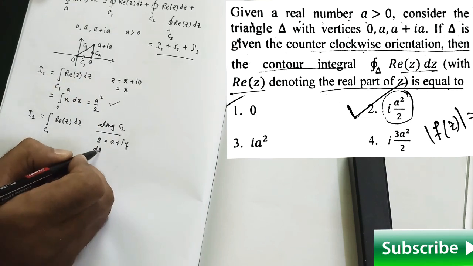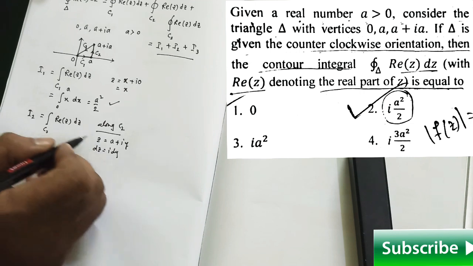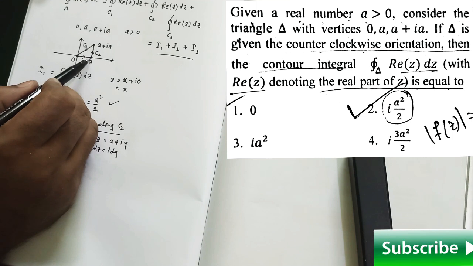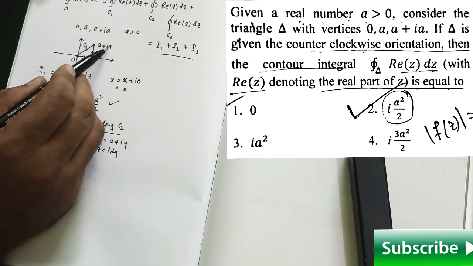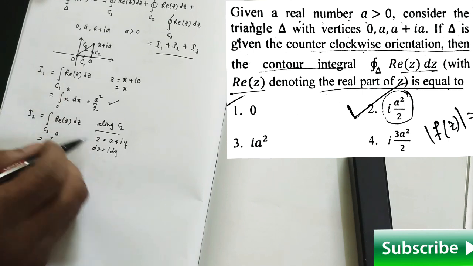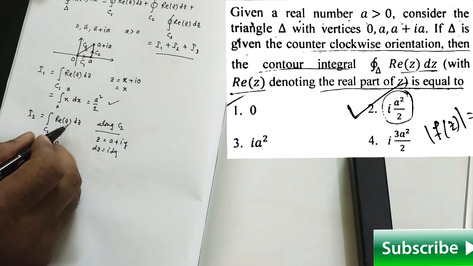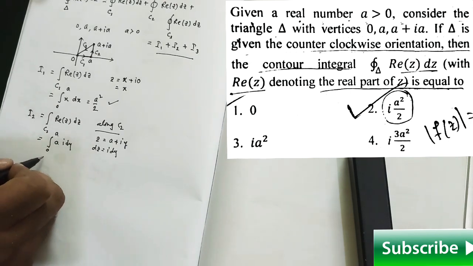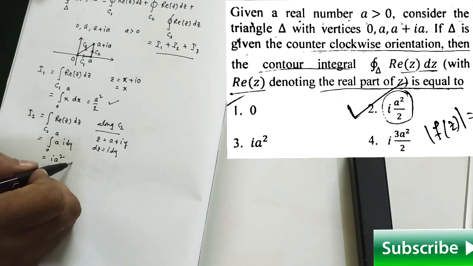Now your dz is going to be i dy, and look at the limit of y, it is from y is equal to 0 to y is equal to a. So this one turns out to be the limit of y from 0 to a, and real part of z means here it is a, dz will be i dy. Now just do the calculation and you will have i into a square. Take it.